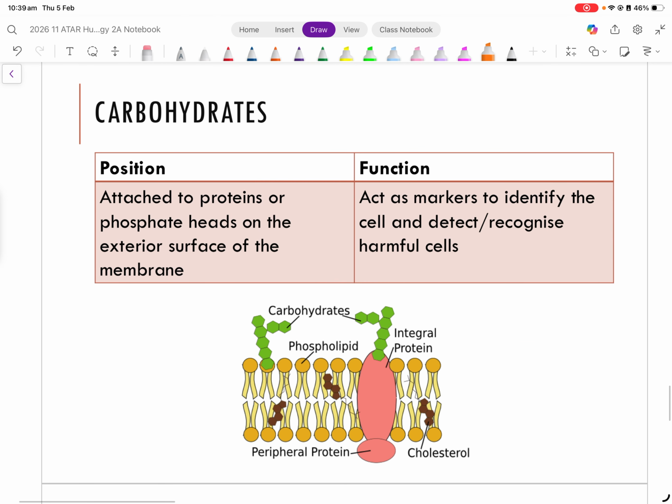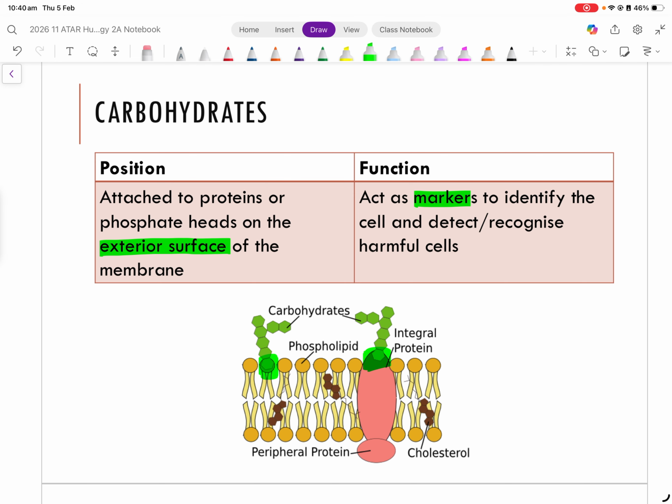Up next, in green, I've got carbohydrates. Now, carbohydrates are found on the exterior surface of the membrane. So they're either going to be attached to phospholipid heads, like I'm highlighting in green here, or attached to a protein, okay? And what they do is they act as markers.